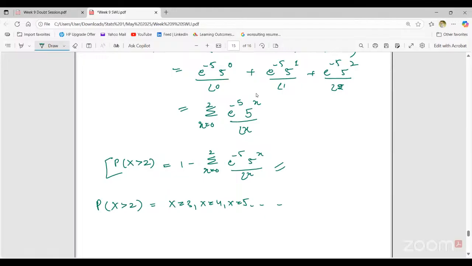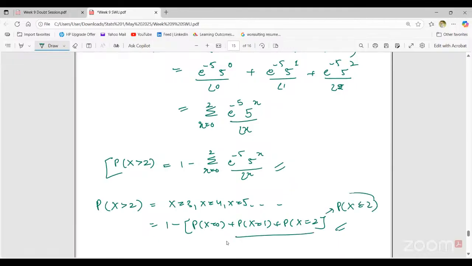Can I write this as 1 minus the probability of x is 0 plus probability of x equals 1 plus probability of x equals 2? Now you got this? This is basically the probability that x is less than or equal to 2. So 1 minus probability of x less than or equal to 2 is equal to 1 minus the summation of e raised to the power minus 5, 5 raised to the power x upon factorial x. The question is clear, I hope.